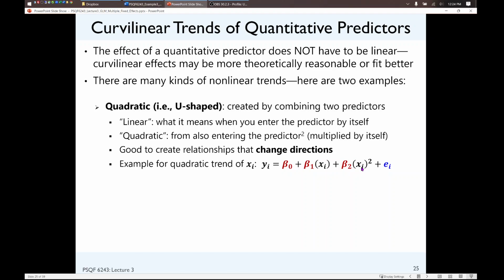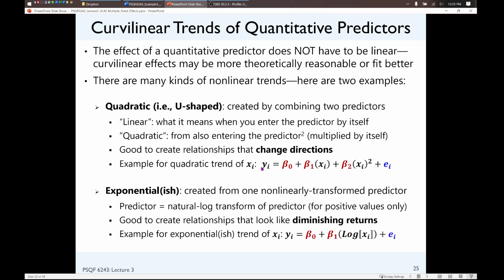If I take x and square it and enter that new squared variable as a predictor in the model, then the slope beta 2 we refer to as its quadratic slope. And this type of form is good for effects that are expected to change directions. So slopes that should go up but then come back down, or go down and come back up. So this is a generic way of describing this example.